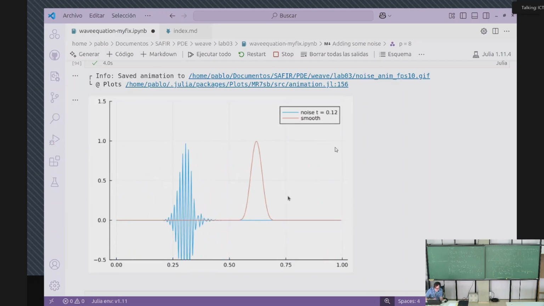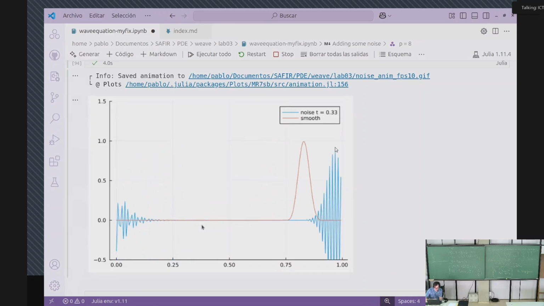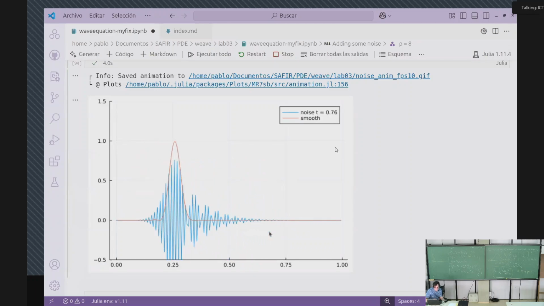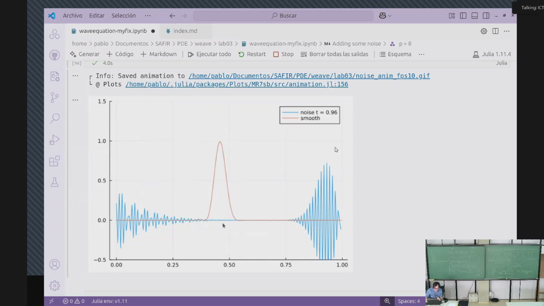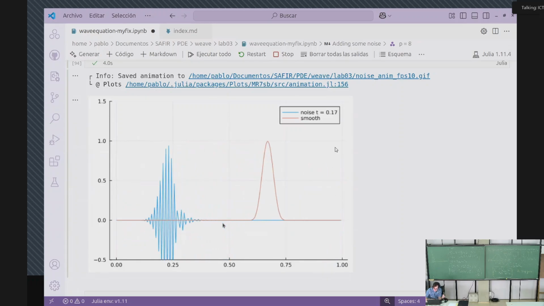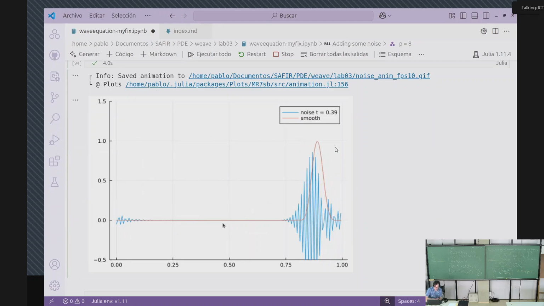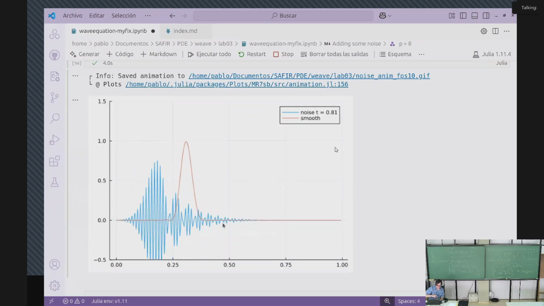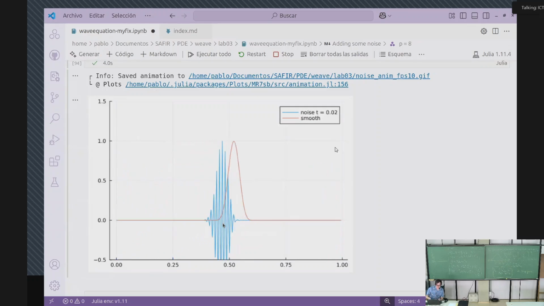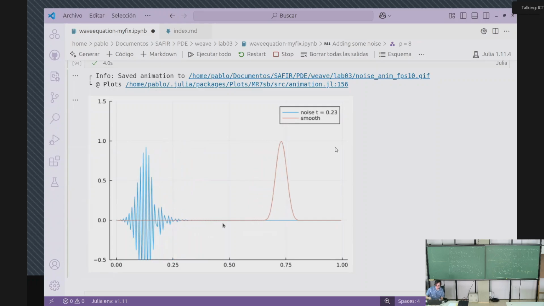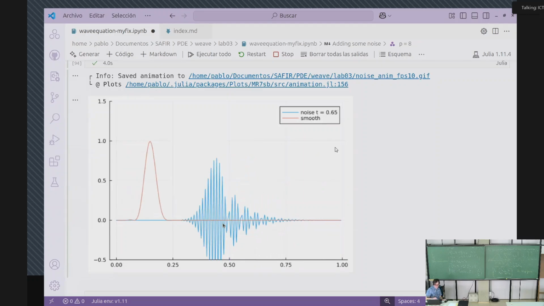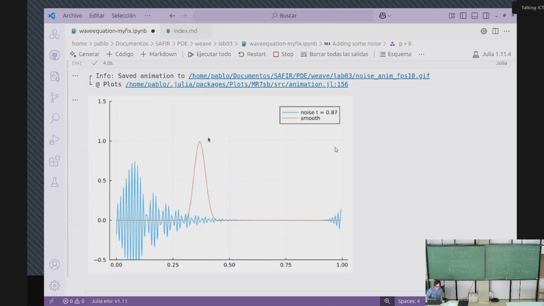Okay, so we see that this high frequency mode is not only moving with the wrong propagation speed, it's moving the other way entirely. So this may be a problem. If you have a high frequency wave, and with high frequency I mean with respect to the spatial discretization that you are using, right?